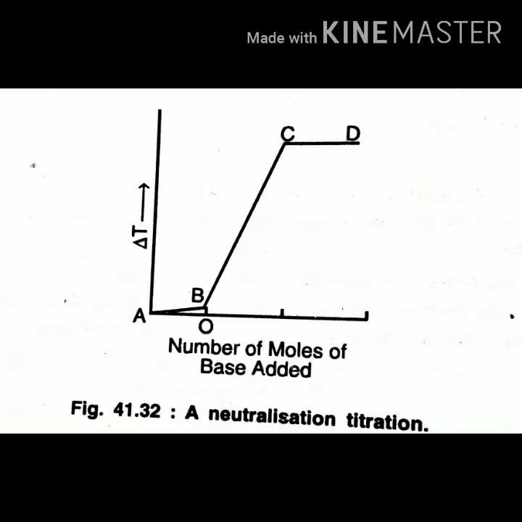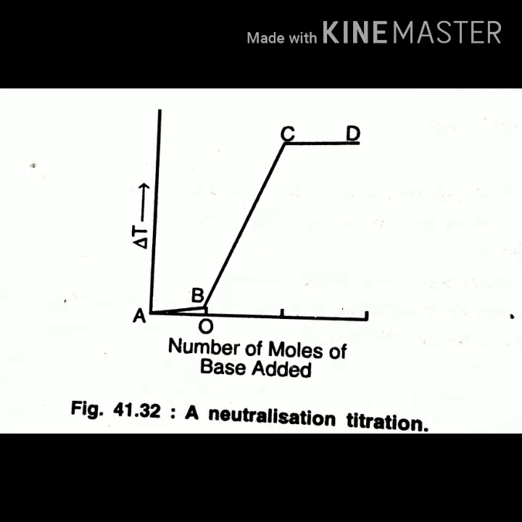Now in neutralization titration, there is the graph with points A, B, C, D. From point A to B, the reaction starts when we add titrant from the burette, drop by drop, to a known volume of solution in the flask.